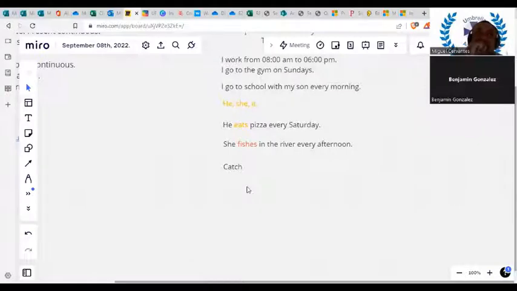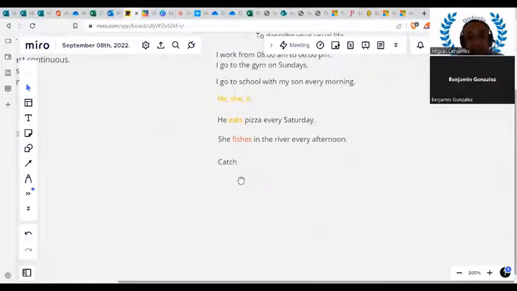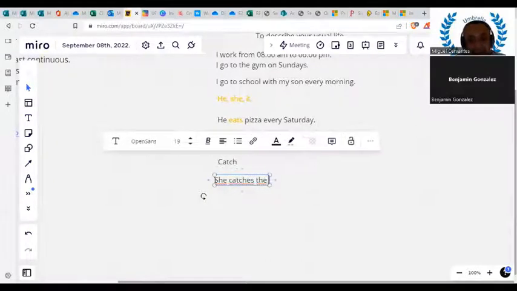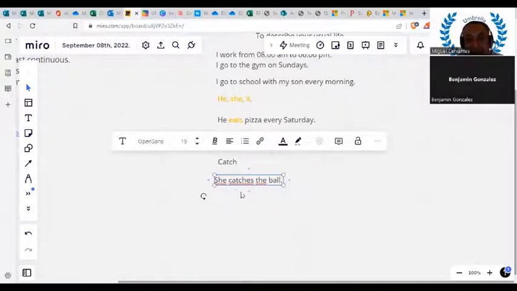Ella atrapa la pelota. She catches the ball. Excellent. Exactly, she catches the ball.